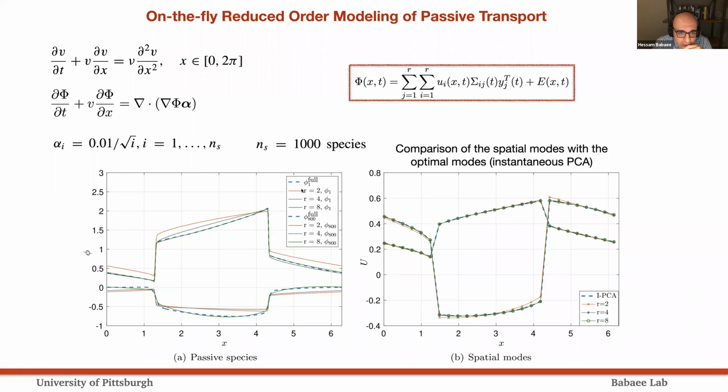And you can see we quickly converge to the truth here. And so this is one snapshot in time, which shows you can quickly recover this solution with a much smaller number of modes, or equivalent number of species.